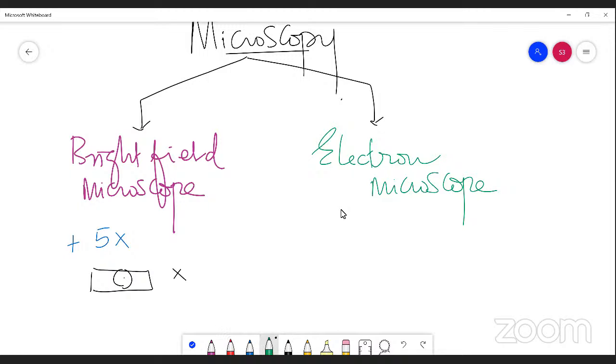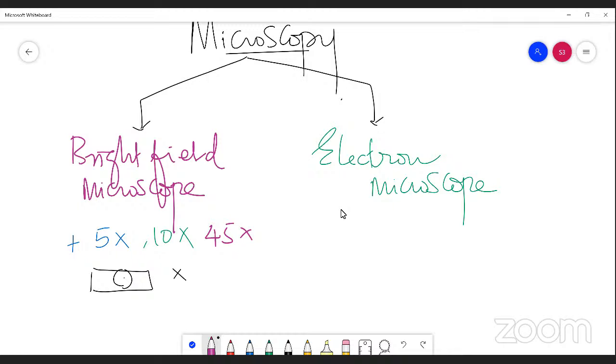And sometimes it may be increased like 10x, which means 10 times greater than the original size of an object. One more term I can mention is 45x, which means 45 times its original size when we place it under this bright field microscope.